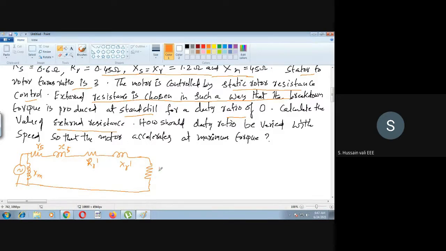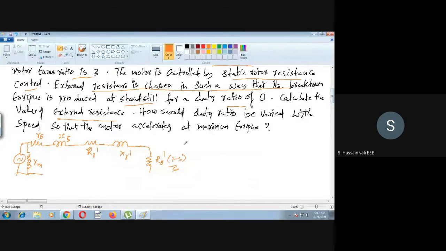Of course you have this, you should not forget this. Let me go back. There is one more resistance here. What is that resistance? It is Rr dash into (1 minus s) by s. Am I correct? You have this resistance also, you should not forget it. So I think this is the equivalent circuit.